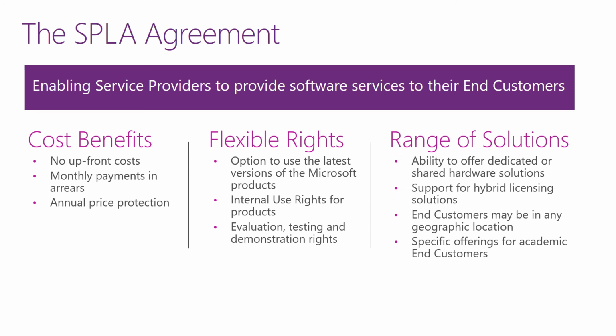Then a service provider can offer a range of solutions to their end customers, and this can vary from the way the hardware is used, dedicated to a single customer or shared among various customers, to the way licensing is used. And we know that solutions can be licensed via SPLA only or through a hybrid volume licensing and SPLA solution. Service providers also have a wide range of end customers open to them, since they can be in any geographic location, and there are specific offerings available for academic end customers too.